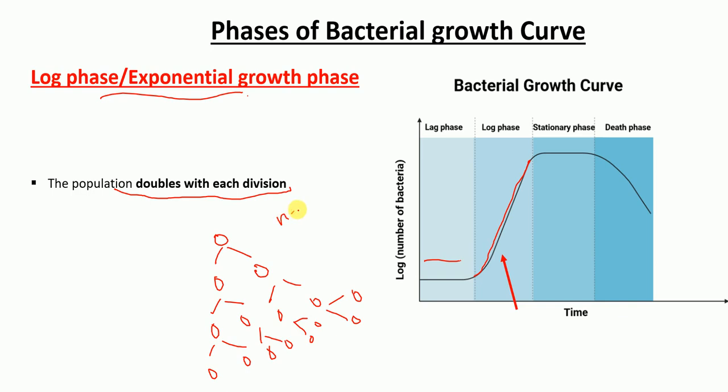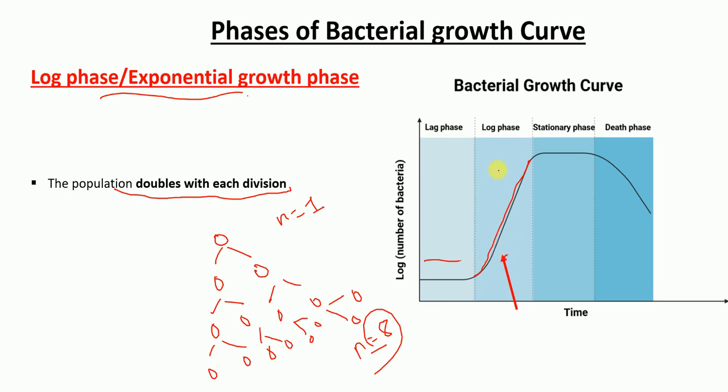Therefore, from n equals 1 here, we have n equals 8. So exponentially, the number of bacteria increases in this phase because the bacteria starts to utilize the nutrients available in the media, and it starts to replicate. And the replication results in the exponential increase in the number of bacteria in the log phase.